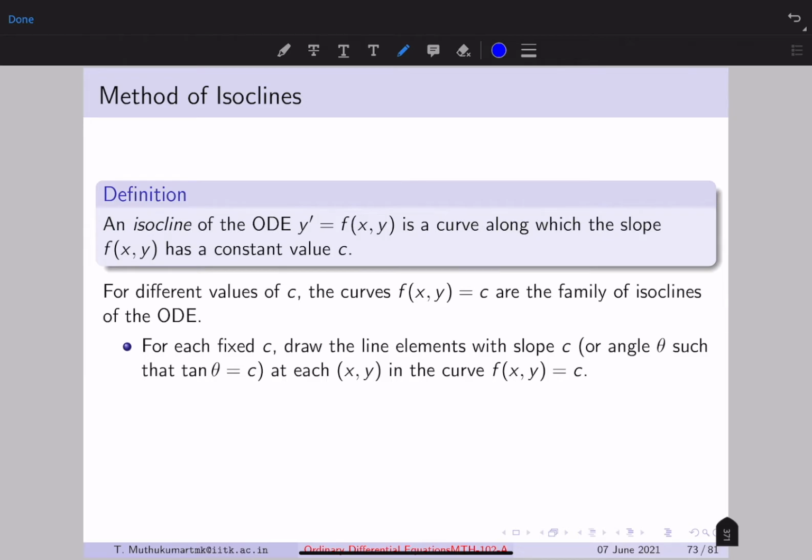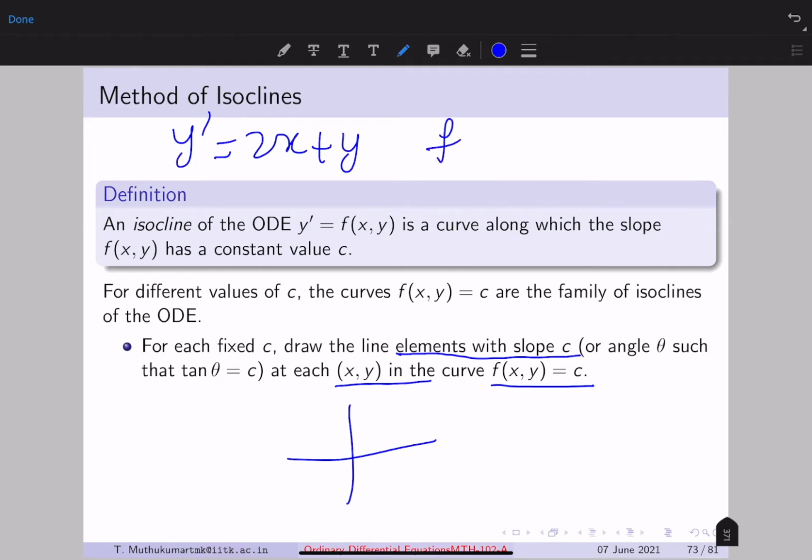So for each fixed c, you draw line elements with slope c, at each x, y in the curve f of x comma y equal to c. As I said in the example, y prime equals 2x plus y, in this case f of x, y is 2x plus y.